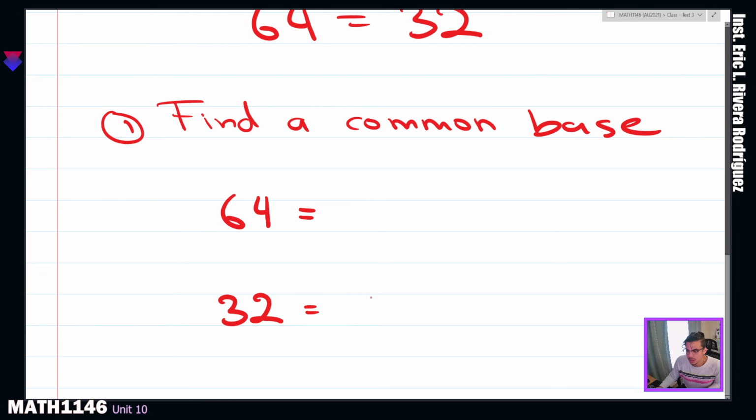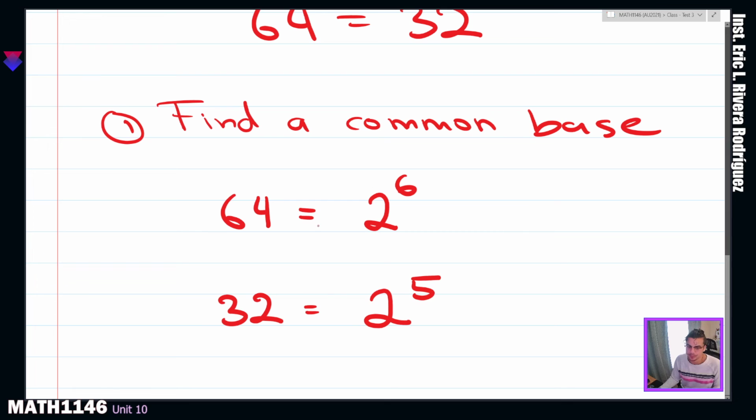So if you go to your calculator and put 2 raised to the power of 5, you are going to get 32. And then if you put 2 raised to the power of 6, you are going to get 64. Okay? So I didn't expect you to know this just on the first one.